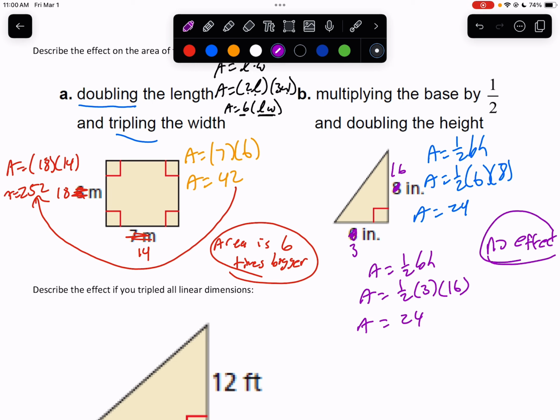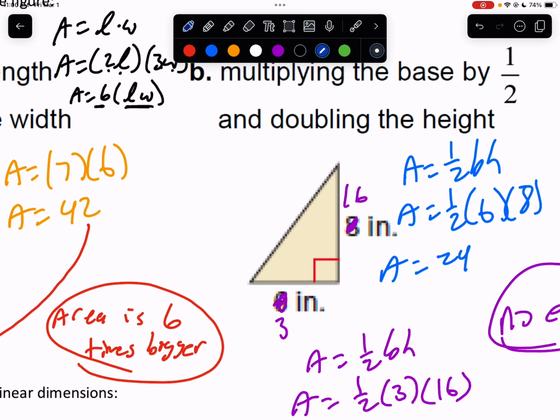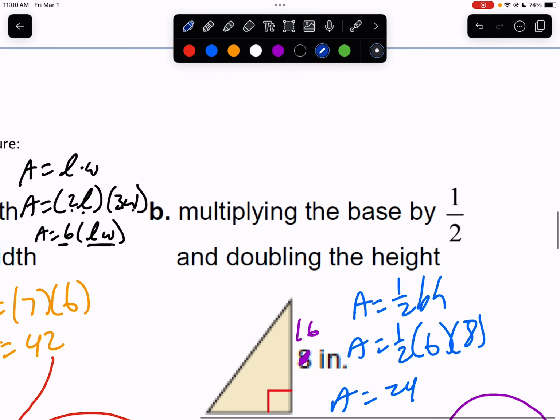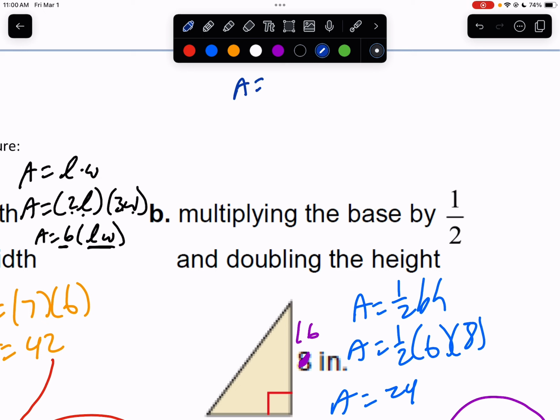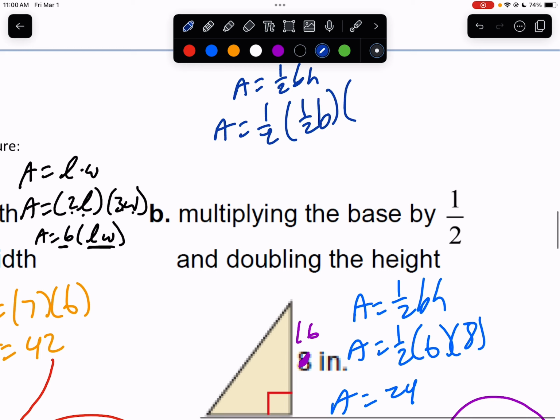Nothing. Okay, let's talk about it. Let's write the formulas down. So we're running out of space. I'm going to do it up here. So the original area is 1/2 base times height. So what would happen if we multiplied the base by 1/2, so 1/2 times the base, and doubled the height?